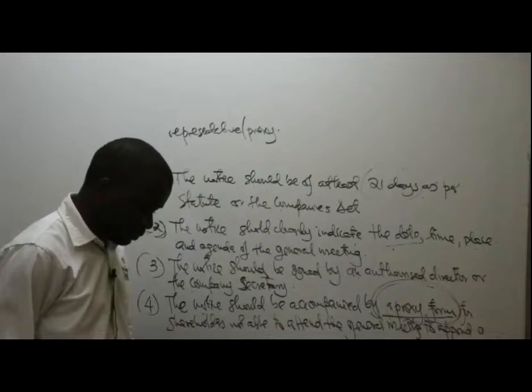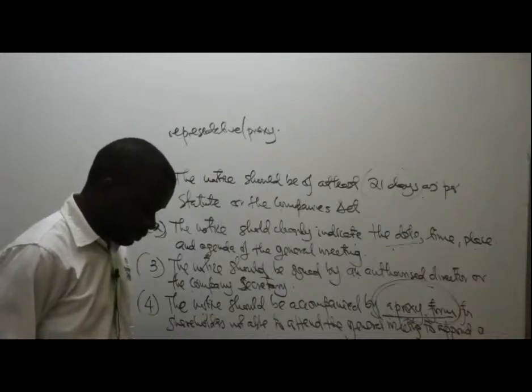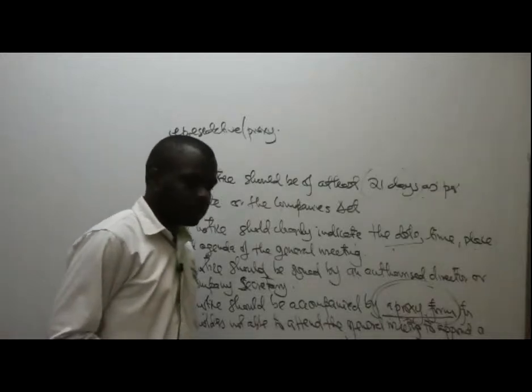So is that specifically for variation of class rights alone, or can more than 15% of the minority shareholders petition to object against any other special resolution apart from class rights? No, only class rights. Okay, thank you.